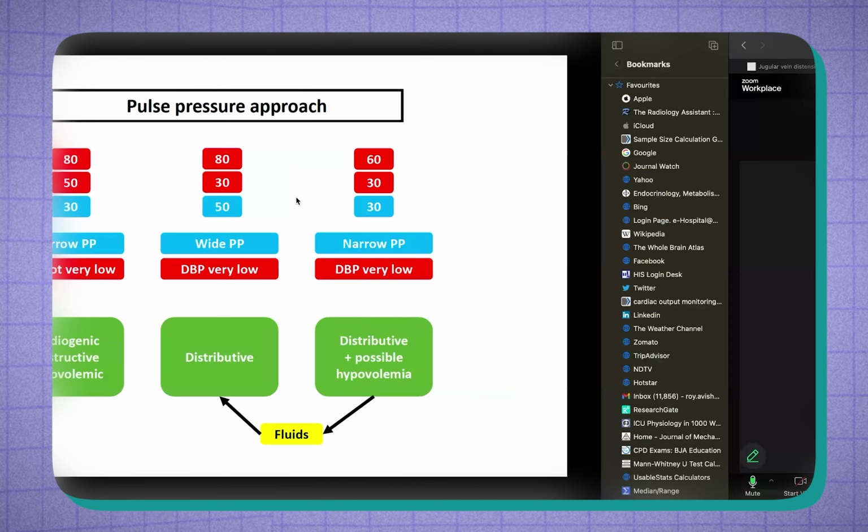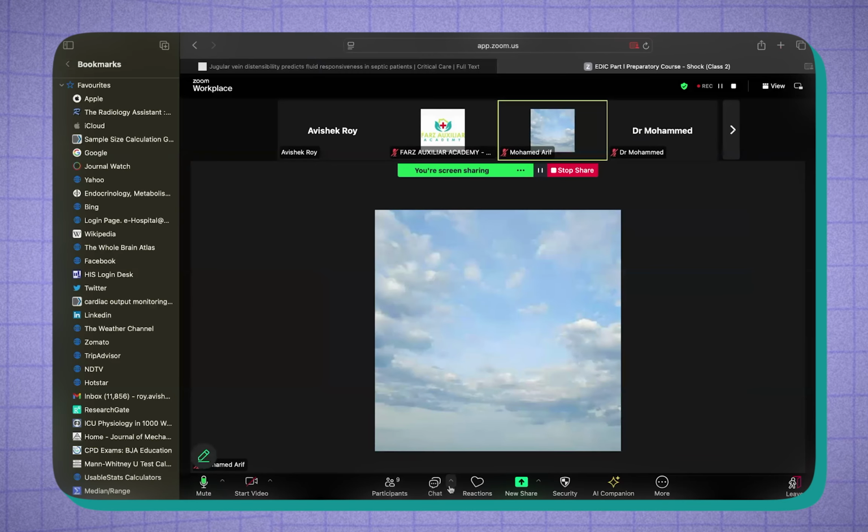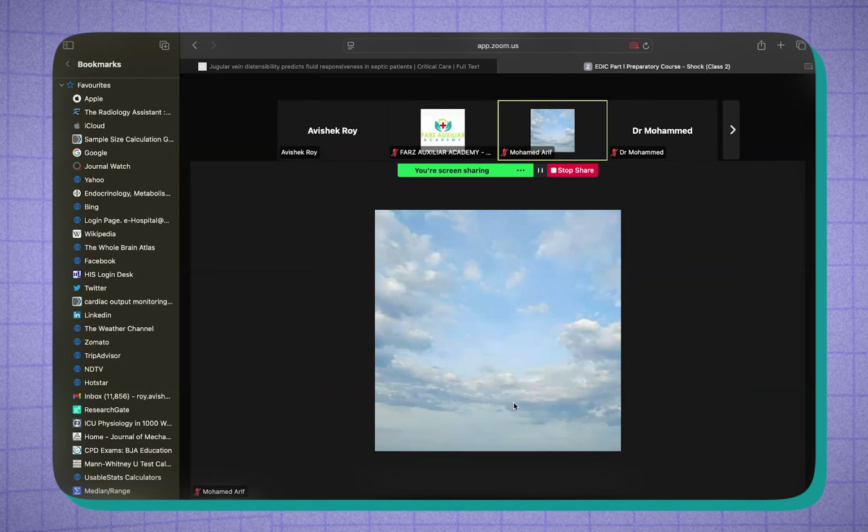So I will ask you one thing. I will expect some volunteers to answer. Supposedly there is a scenario that a patient is there who has ARDS, blood pressure 80 upon 40, and so you have to increase the vasopressor.